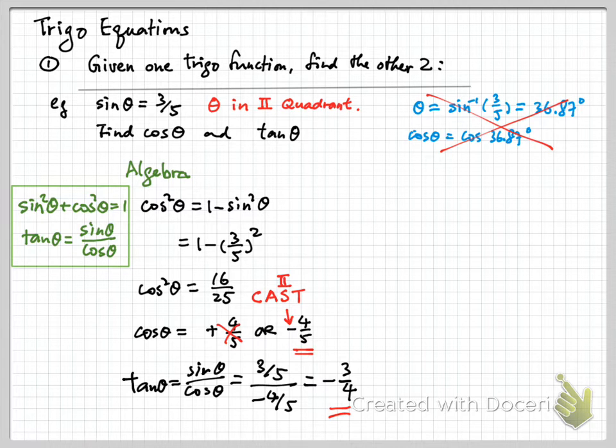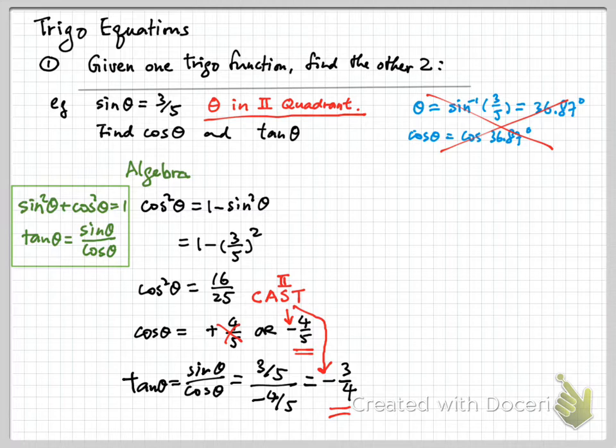Alright, and the most important thing is to note the quadrant here. The quadrant will tell you what are the plus and minus for the other trigonometric function. Alright, so naturally tangent theta will be negative in the second quadrant. Alright, okay, so that is the algebra method, right?